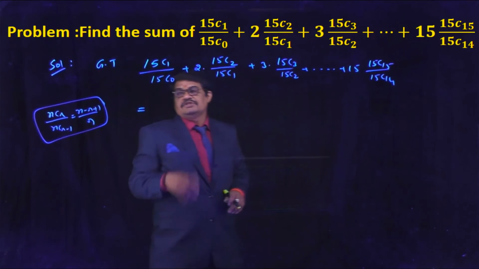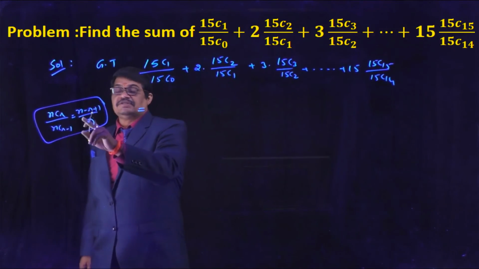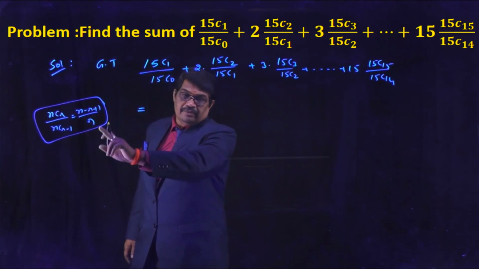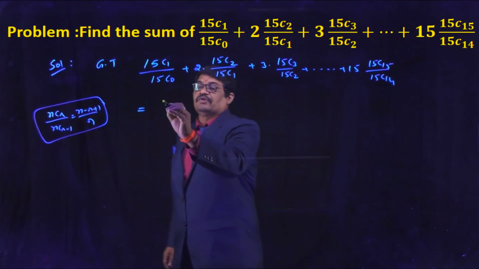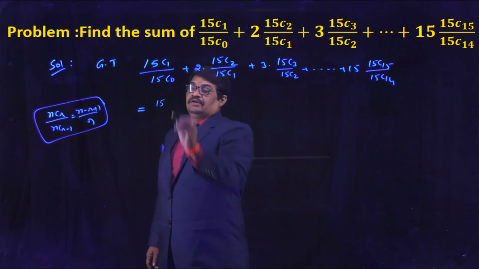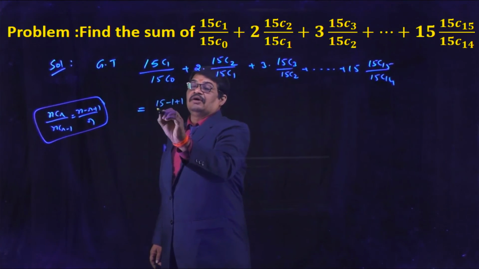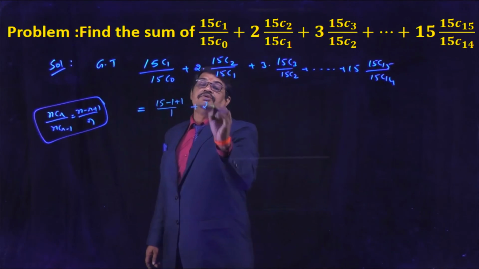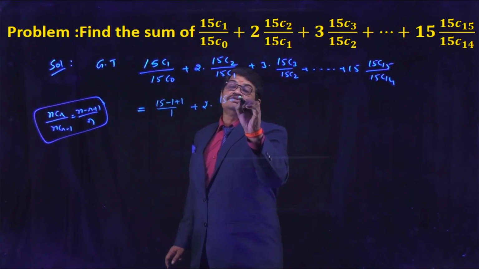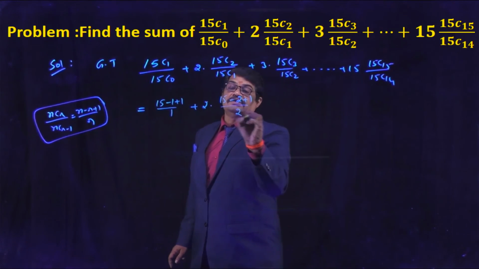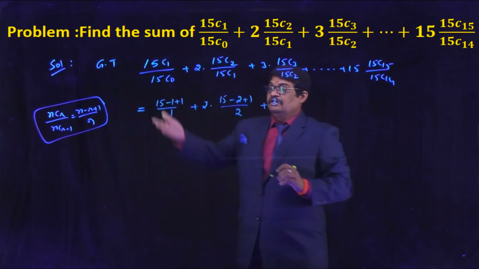Now using this formula we write N minus R plus 1 by R. We are writing 15 minus 1 plus 1 by 1, plus 2 into, here N is 15, R is 2, 15 minus 2 plus 1 by 2.